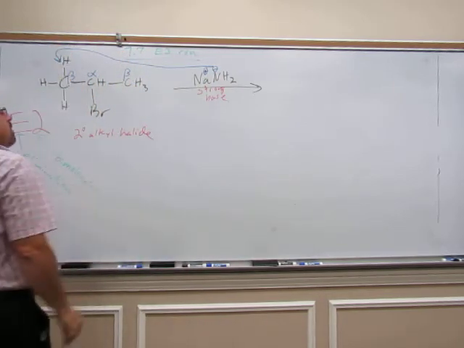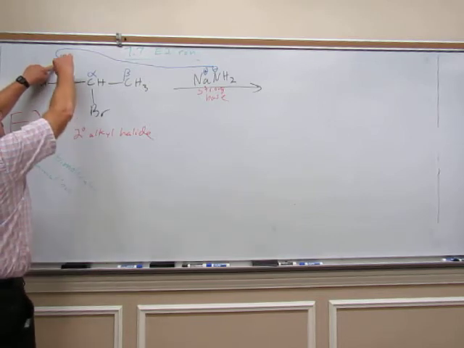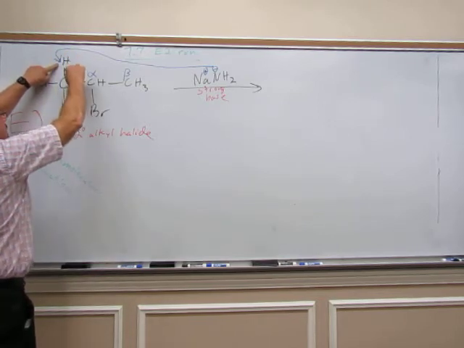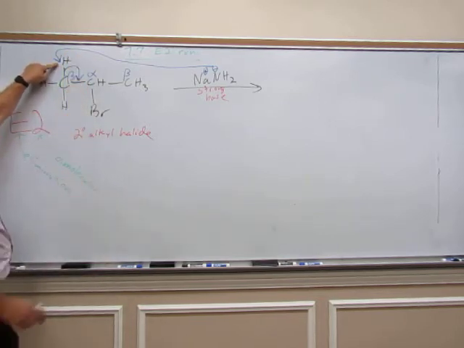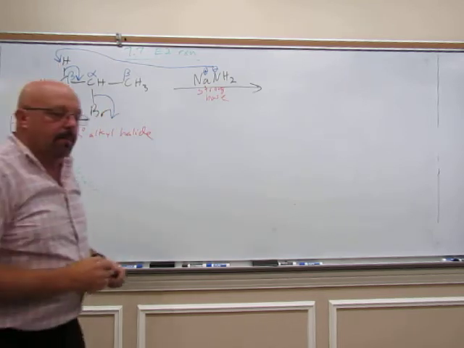That's our mechanism. This is the mechanism for the E2 reaction, also called the dehydrohalogenation, also called a beta elimination reaction. All this is referring to the same thing. We grab a beta hydrogen. The electrons in that carbon-hydrogen bond kick toward the alpha carbon to form a double bond, and that pushes off our leaving group.